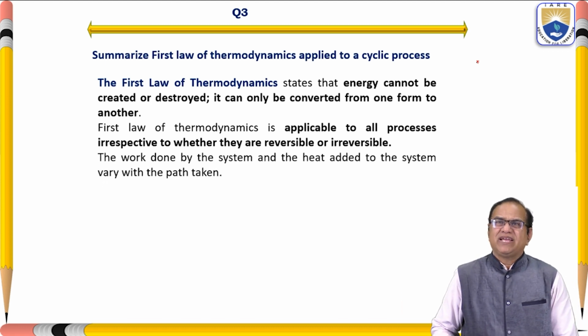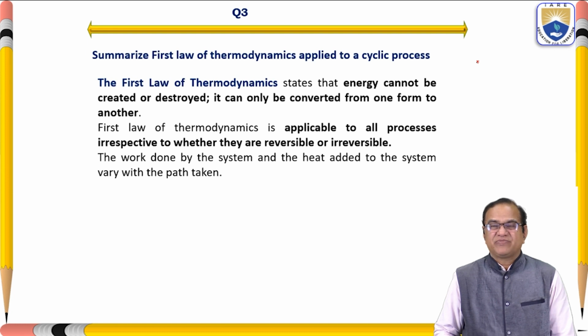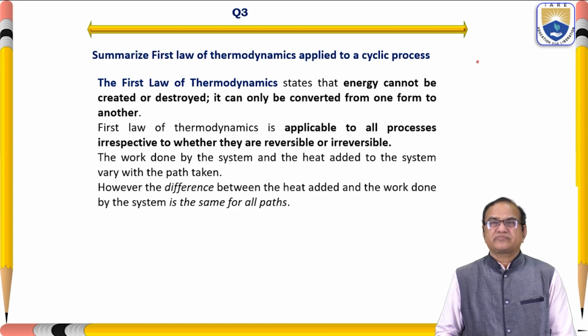The work done by the system and the heat added to the system vary with the path taken. Which way you are doing the work and supplying the heat depends upon which path you are going, and that path is called the process.